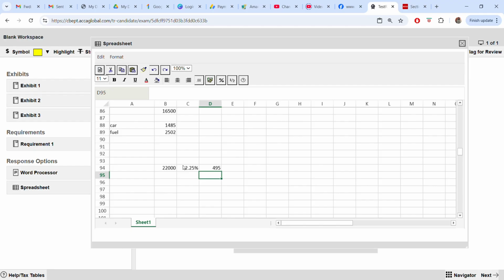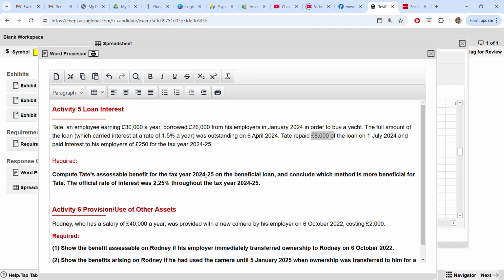Now you are going to deduct the interest that you have actually paid, which is 250.